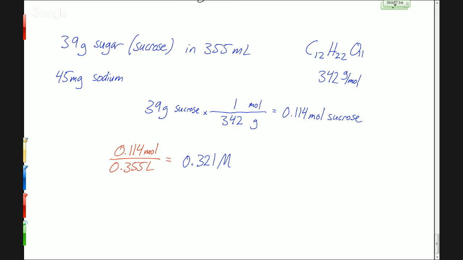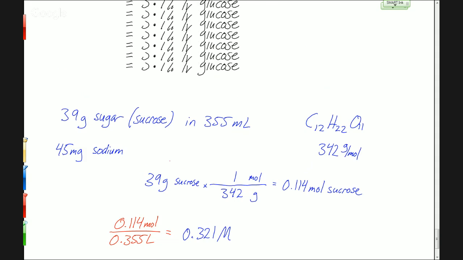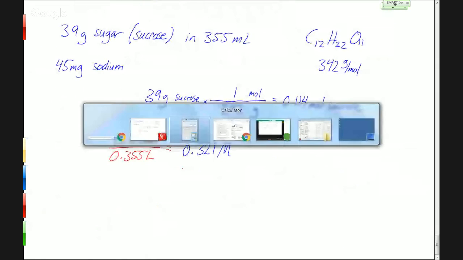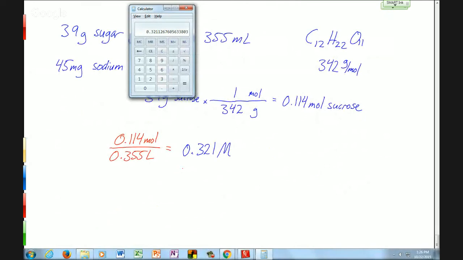So for sodium, we could do the same thing, 45 milligrams. It's going to be much smaller. But we could say 0.045 grams divided by the molar mass of sodium chloride, 58.5, is a very small number of moles.